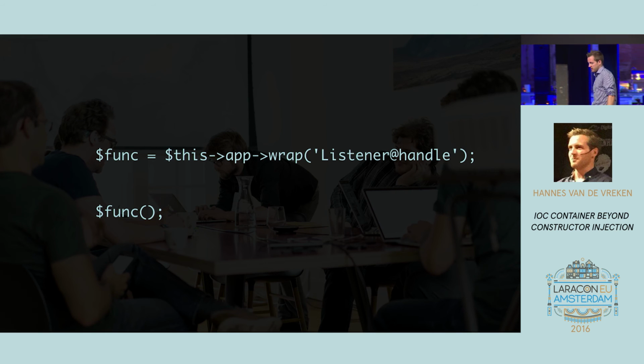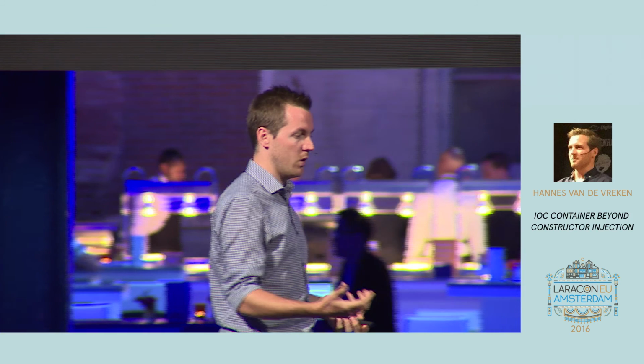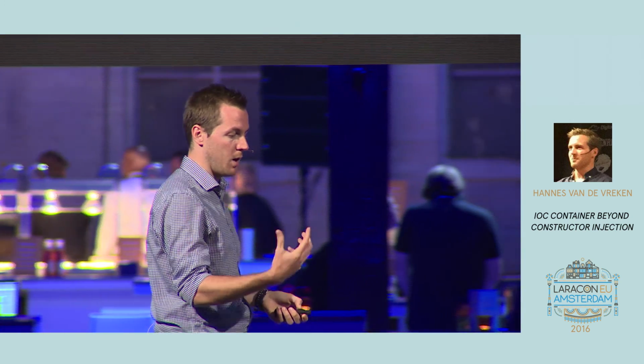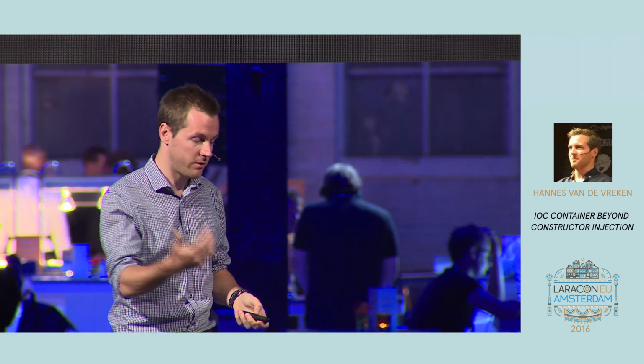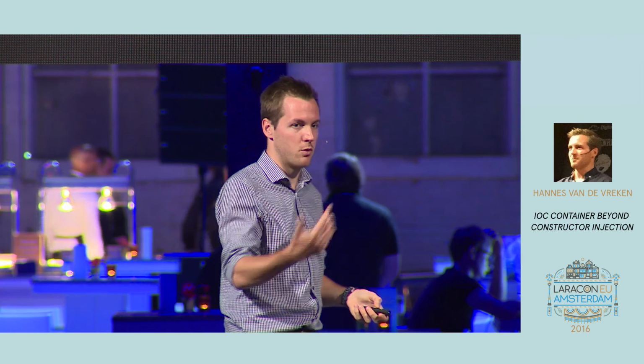One more thing is the wrap method. If you need an anonymous function somewhere that needs to get something out of the IoC container, you can wrap that. So if you need the listener object and the handle method, but you don't want to create that just yet, you can do this->app->wrap. It's the same format as the call method.